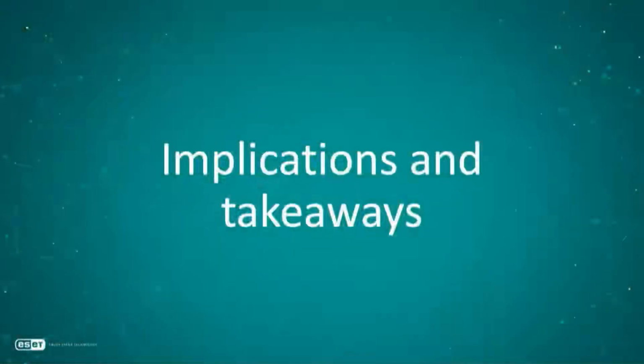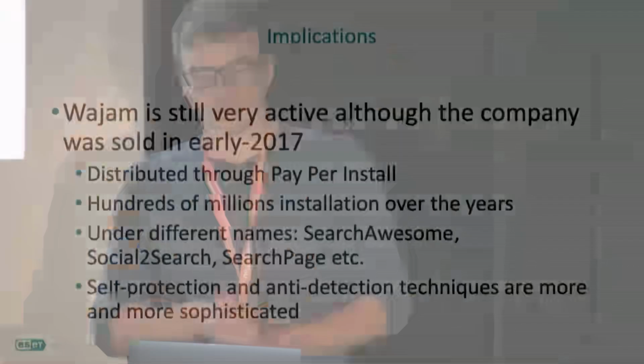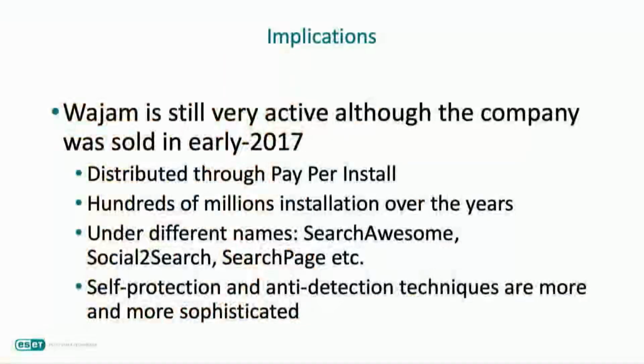So now we have seen the techniques used by Wajam. What can we learn from this, and what are the takeaways of this research? First, Wajam is still very active, even if the company was sold in early 2017. The samples are distributed through pay-per-install, so massively spread.